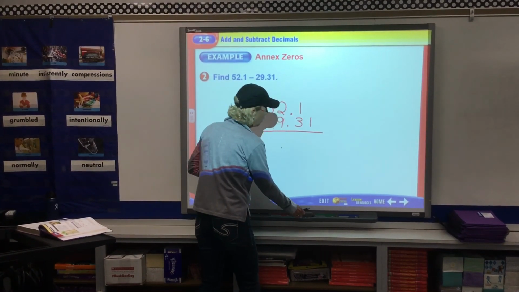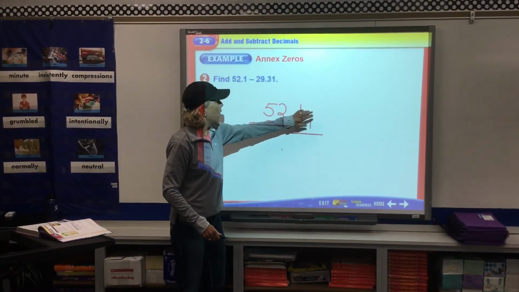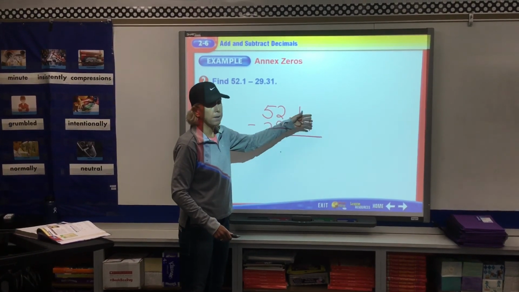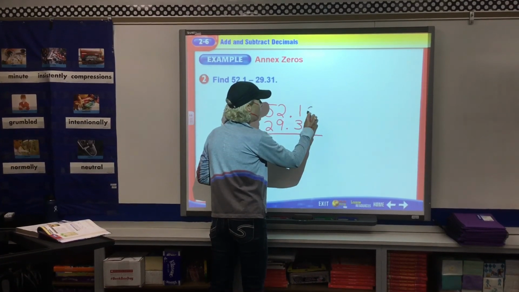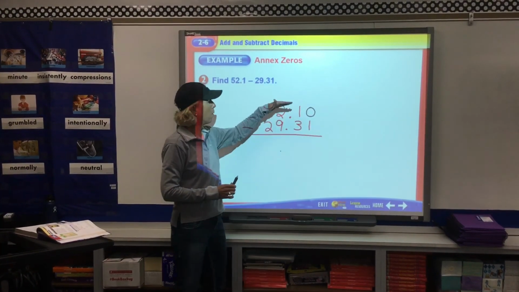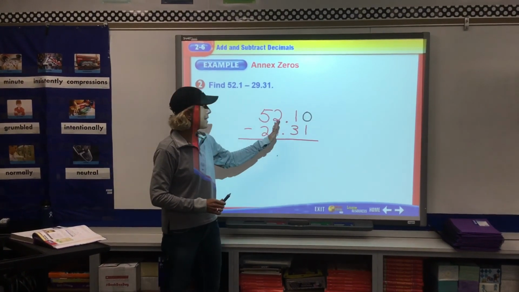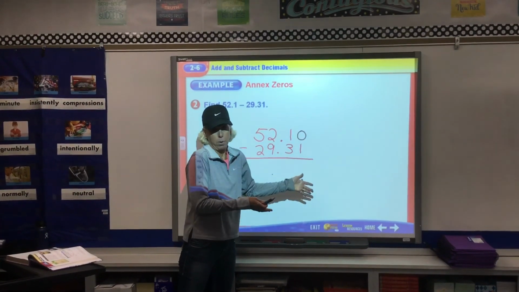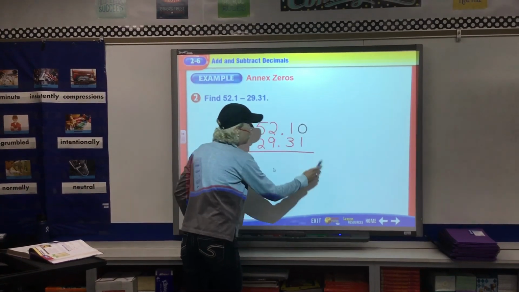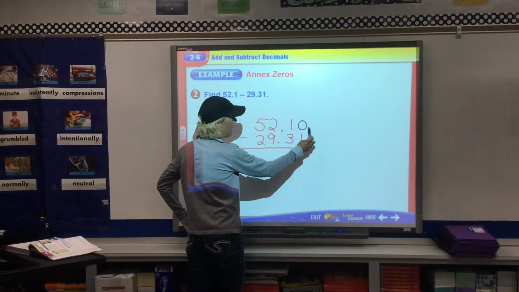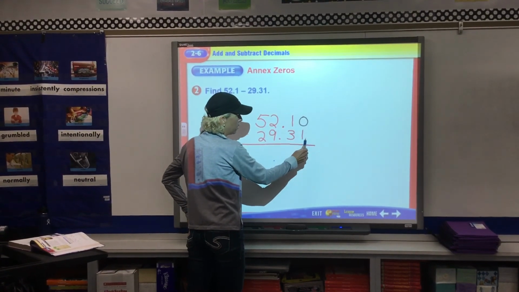boys and girls. When we annex a zero, we know that right here in the hundredths place, put a 0 there, and then go ahead and subtract. And annexing a 0 means just simply putting the 0 in so we can perform our subtraction. So I know I can't say 0 take away 1.